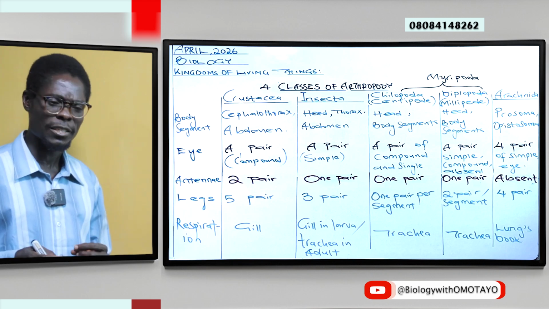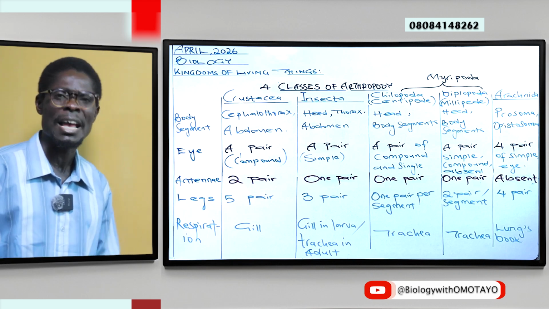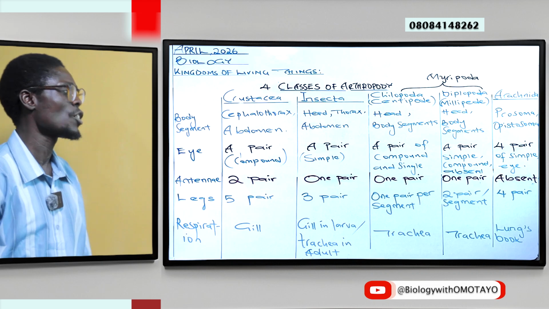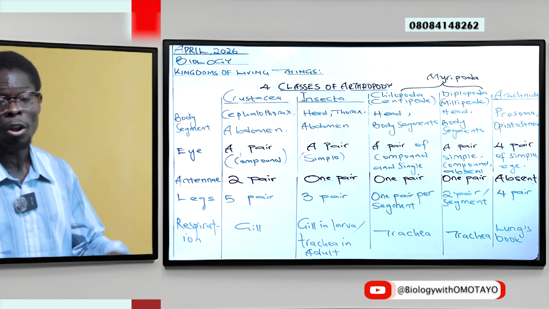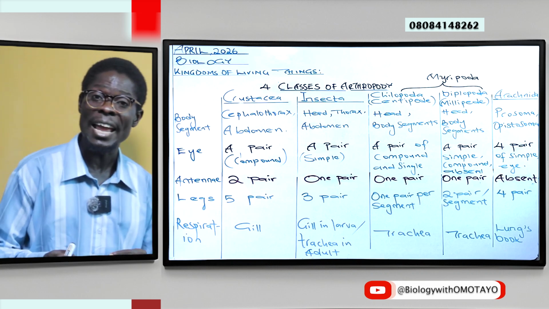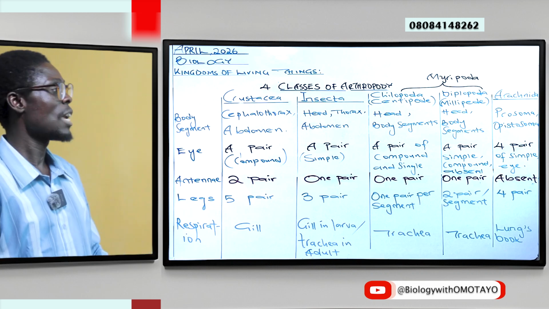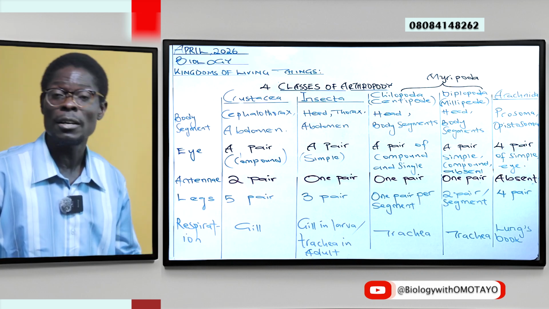For legs, what may be referred to as appendages, jointed appendages, we have 5 pair for your crustaceans, which means all in all, crustaceans have 10 jointed appendages. And then 3 pair for insects, that is 6.